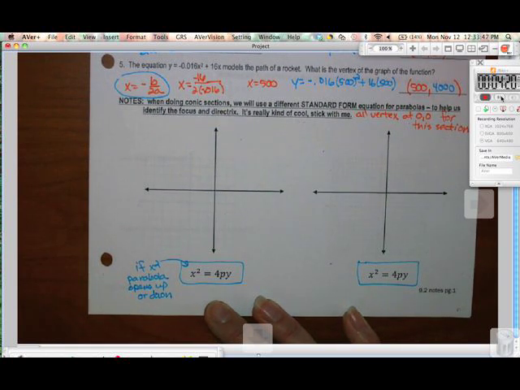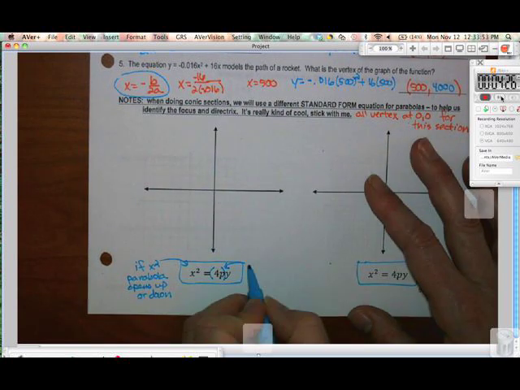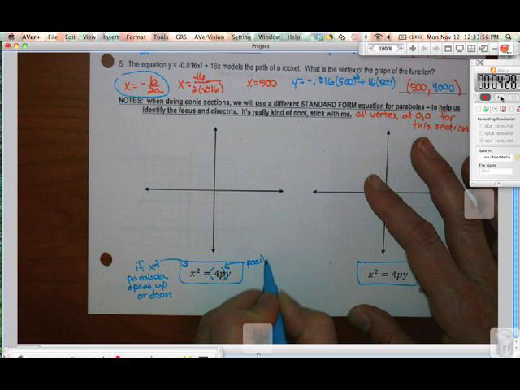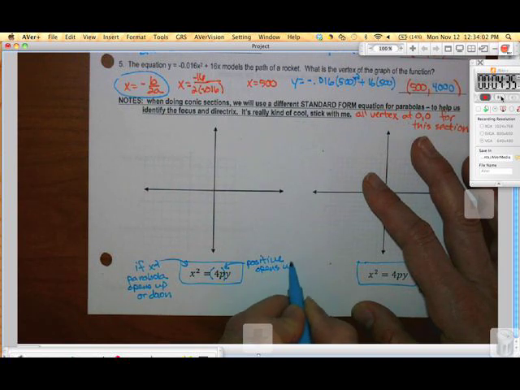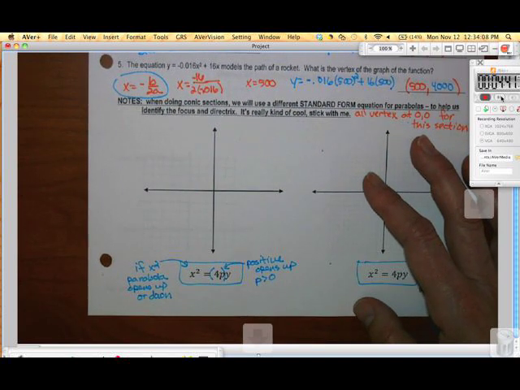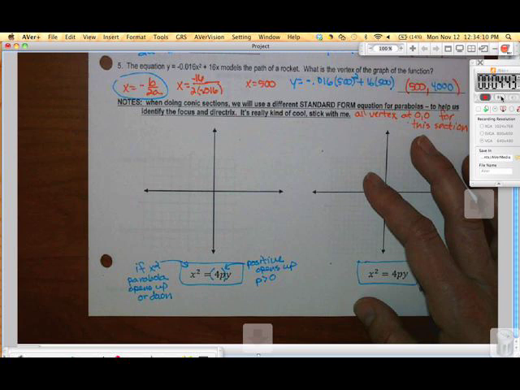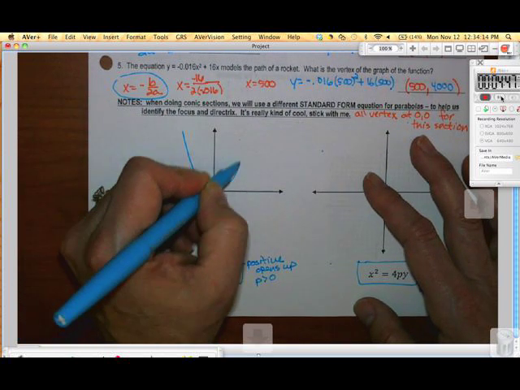Then this part here, this 4p, if that's positive when you're given an equation, that means the parabola opens up. And essentially what that means is that p is greater than 0. So I can just sketch this right now. I know my vertex is at 0, 0 for every parabola in this section, so I'm just going to sketch a parabola that opens up.